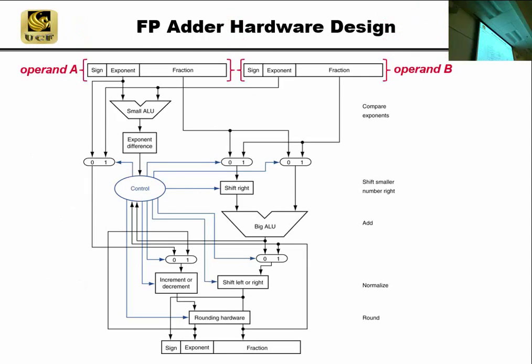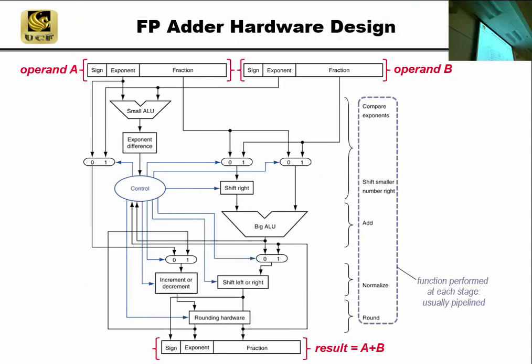So what's going on here? They take the exponent of b and the exponent of a and put them into the so-called small ALU. That's taking 8-bit and 8-bit, versus the fraction, the mantissa, which is 23. It's a big ALU. But what's happening inside this ALU? It's actually subtracting the two to see which one is larger. That's the exponent difference.